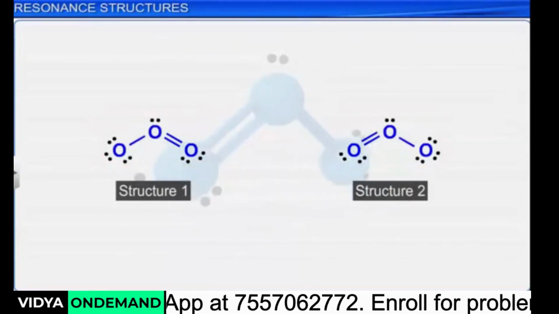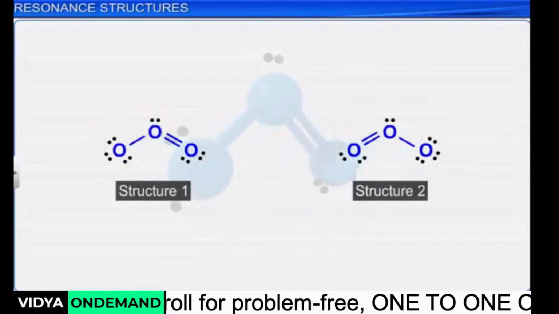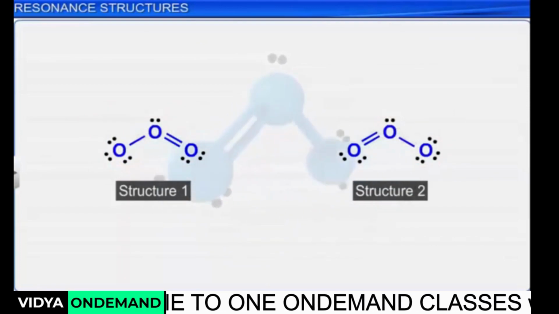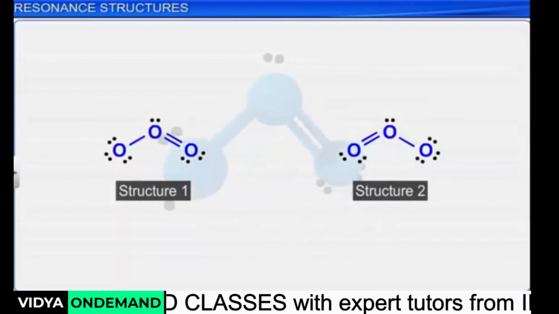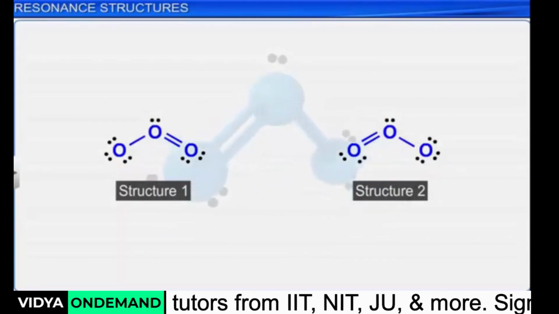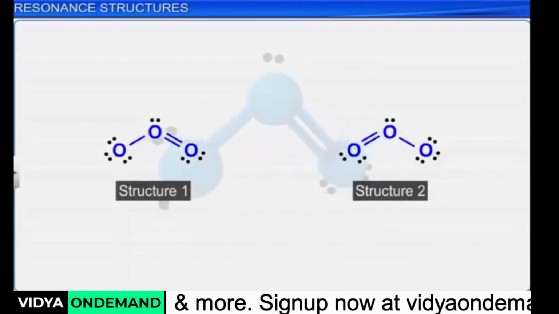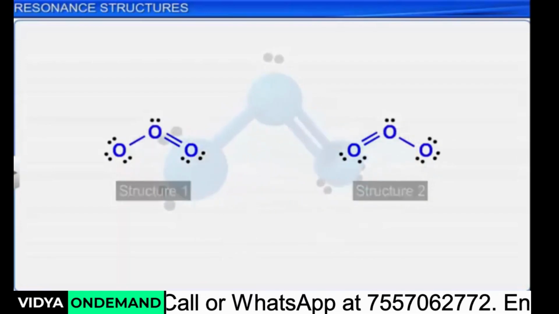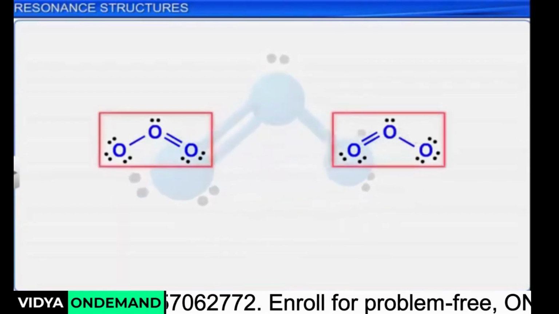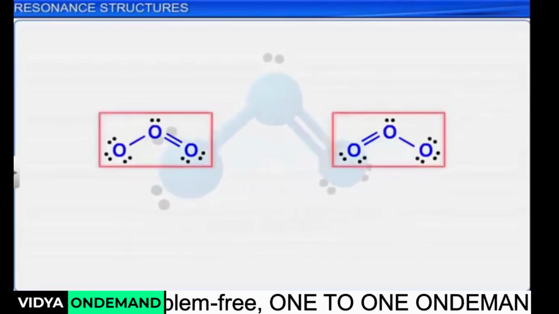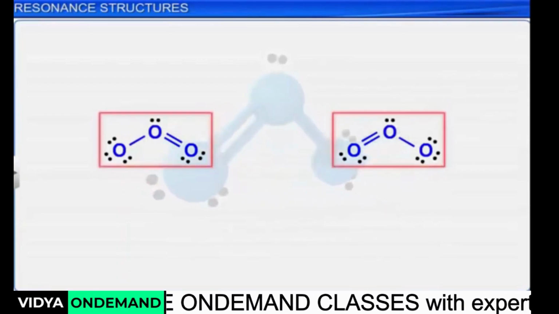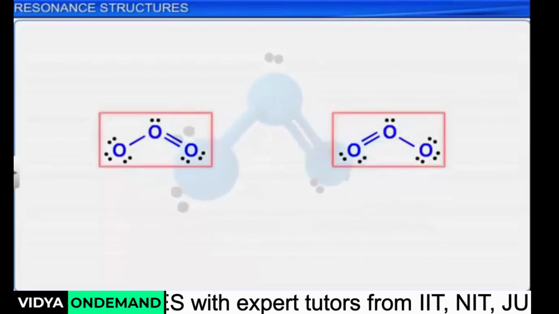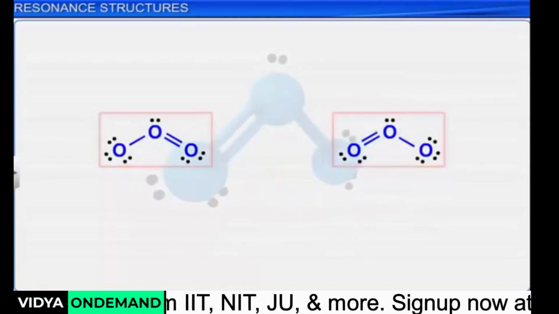It is observed that for certain molecules, one Lewis structure cannot explain all the observed parameters such as bond length, bond strength, and so on. Therefore, more than one Lewis structure is required to explain all the observed parameters, as a single Lewis structure is inadequate to represent the molecule accurately.